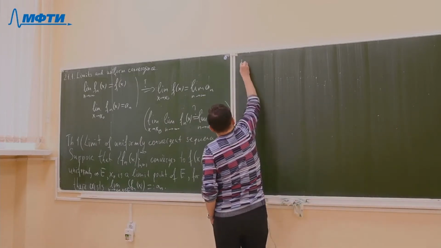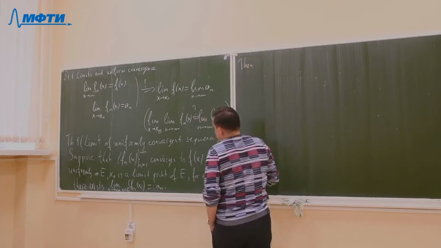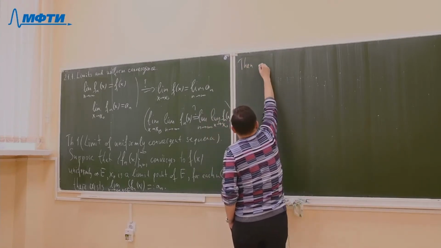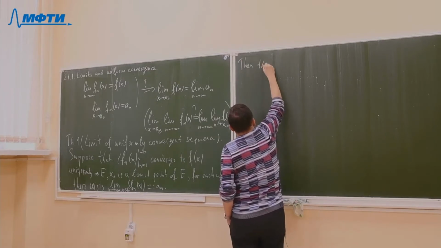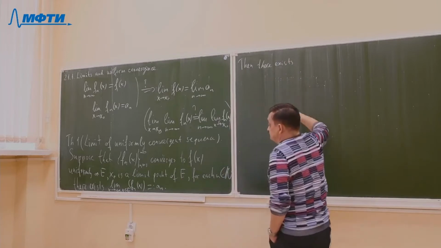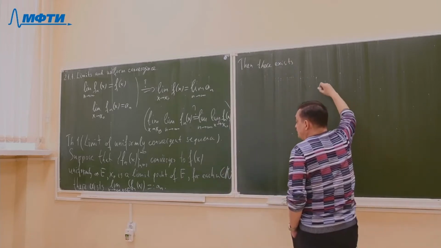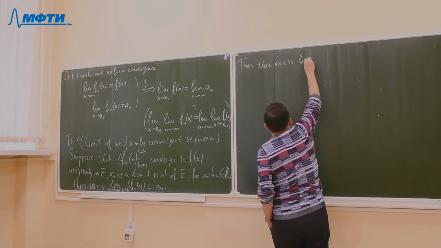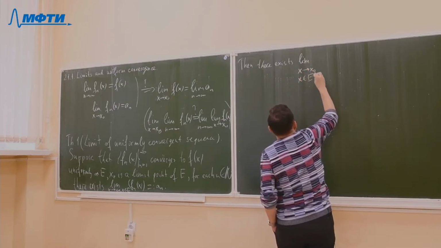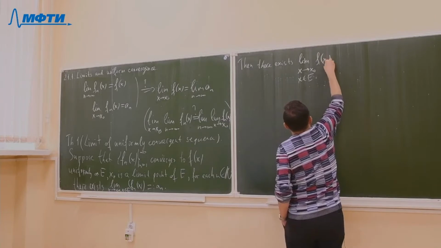Then there exists the limit as x tends to x naught, x in E, of f(x).